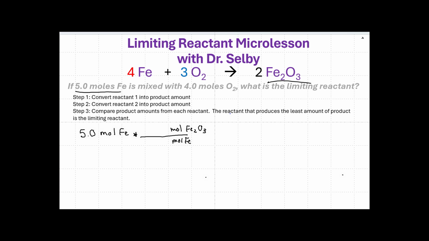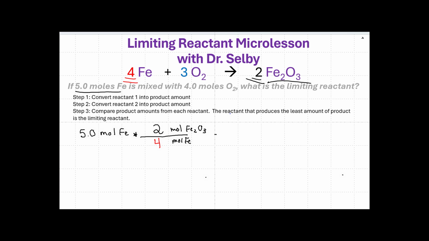Okay, and then I'm just going to put the correct numerical values in my conversion factor using those mole ratios from the balanced chemical equation. So we have a 4 here, so that goes in front of moles of Fe. And we have a 2 here, that goes in front of the moles of iron 3 oxide.